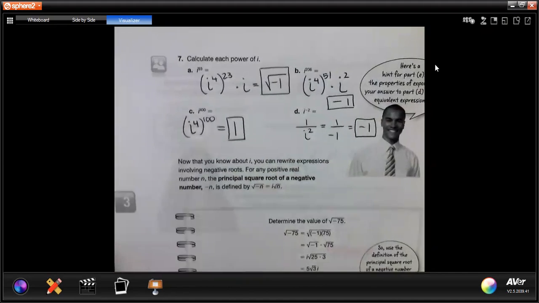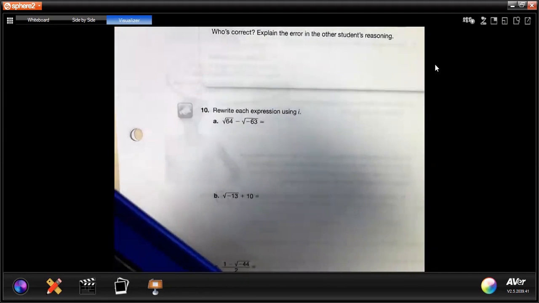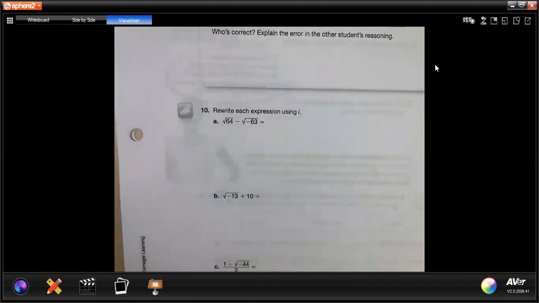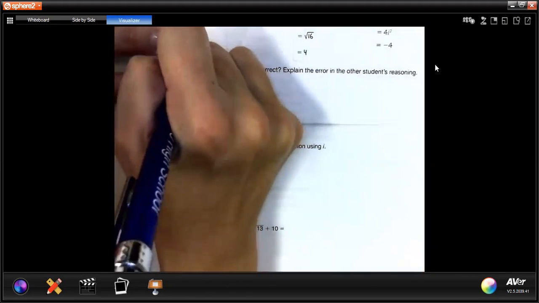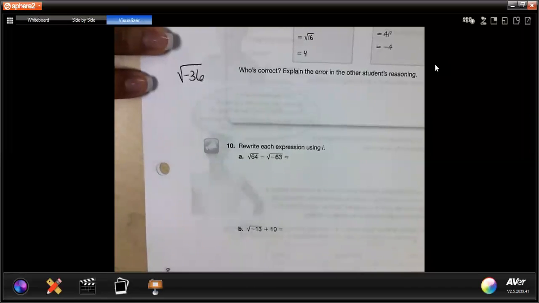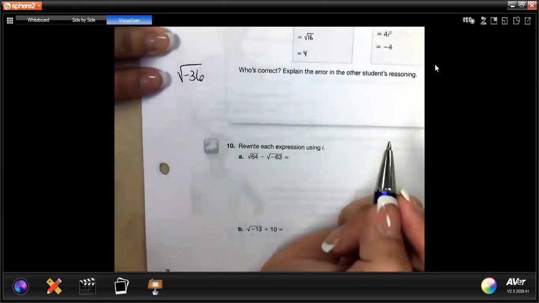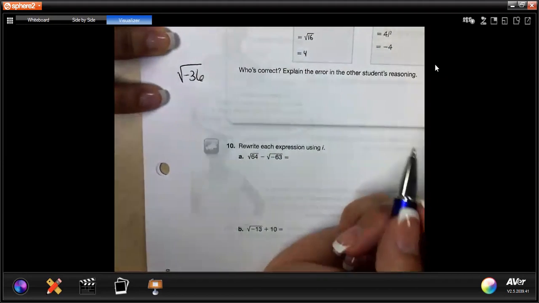Now we're going to practice simplifying these so that you can see how the i works. Before we get to these examples here, I'm going to quickly show you off to the side. So in the past, if we were taking the square root of -36, we would say that was not a real number, which is exactly true. But there is an imaginary number.